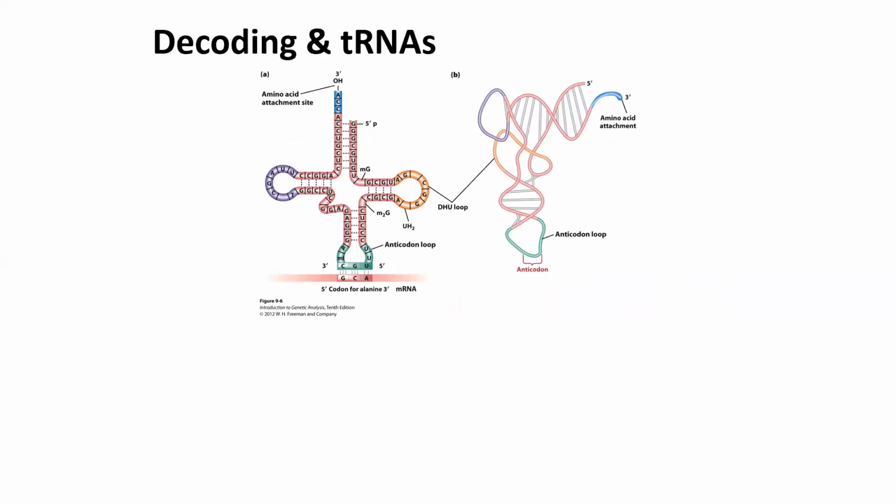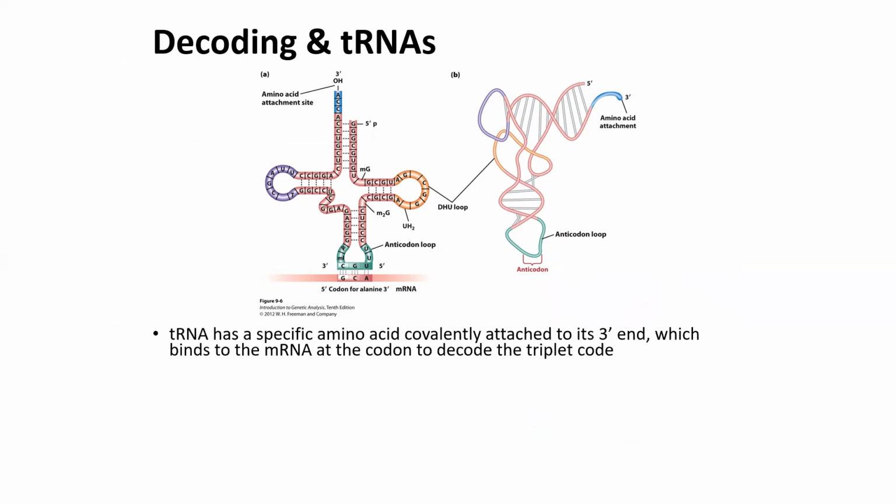And basically it becomes the way of decoding and using tRNAs, where it has a specific amino acid that is covalently attached to its 3' end, right? The amino acid's up here and binds to that mRNA at the codon to decode the triplet code. So it's trying to decipher this code, and it folds into a cloverleaf secondary structure like this.